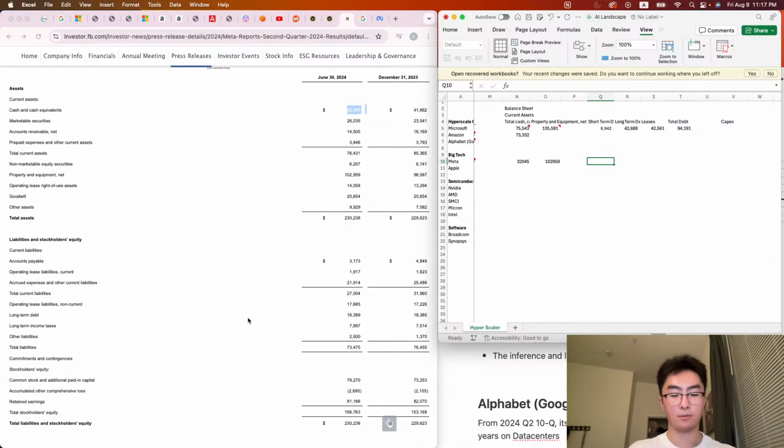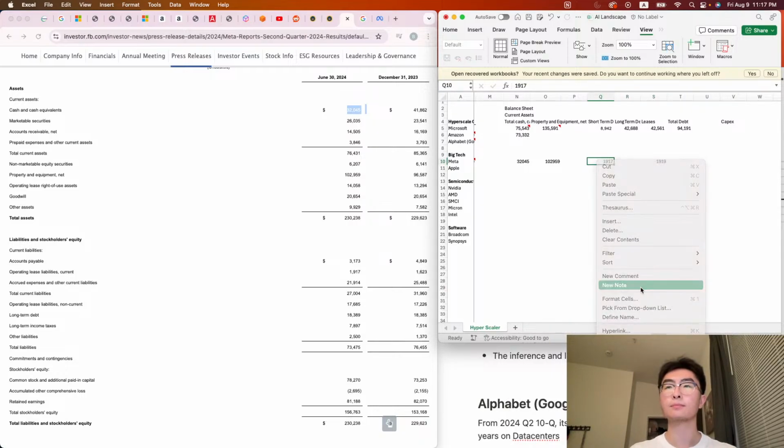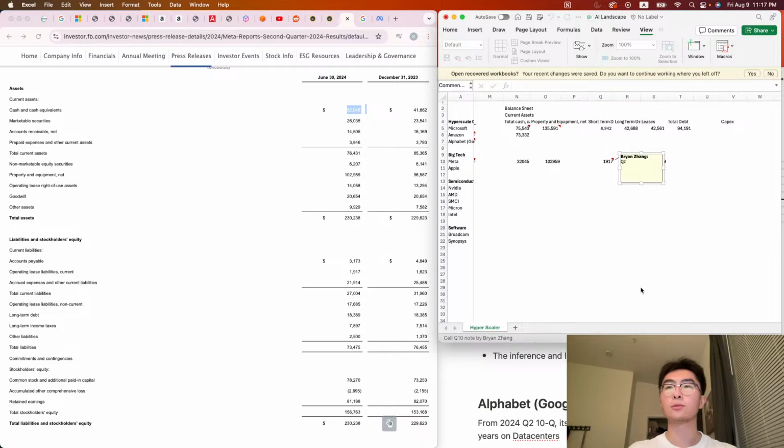I'll put in 191. Yeah, 1917. Put that there. So make a note. So Q2 334.